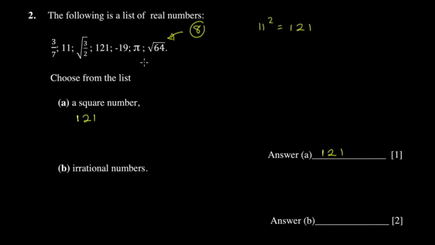The other thing that you should know is you are expected to know all squares for numbers 1 to 13. So you should know what's 1 squared, what's 7 squared, what's 13 squared. You're expected to know from memory.